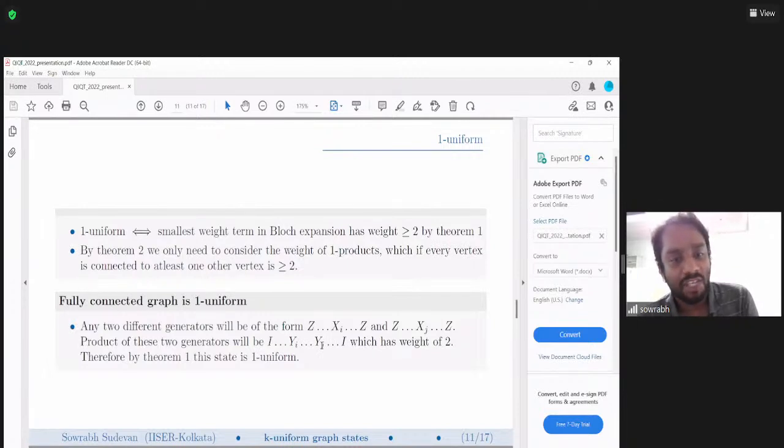So you'll have something with weight 2. It cannot be 2 uniform, but that is the smallest operator there, so it is 1 uniform. So this way of looking at entanglement, the GHZ state is not that interesting. It is only 1 uniform. I'll get to that.